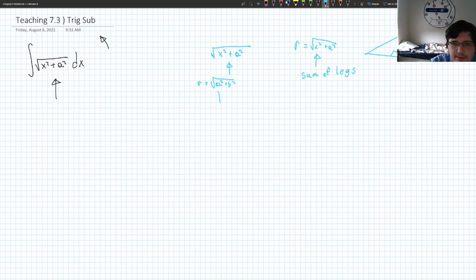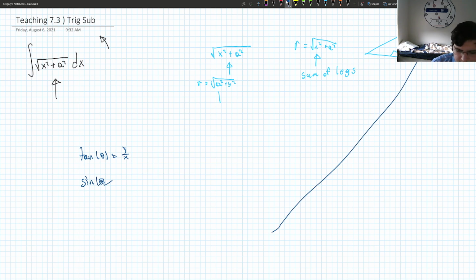So we need to know what appropriate trig function to use to substitute into this, based off of this information. So I'm going to use darker blue here. Tangent theta equals y over x. Sine theta equals y over r. Cosine theta equals x over r.